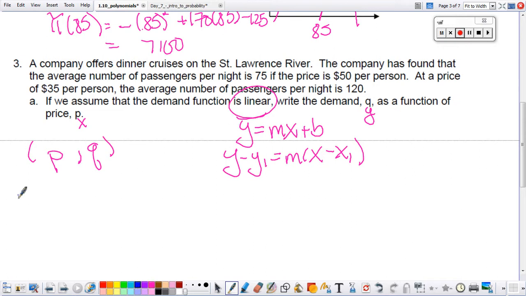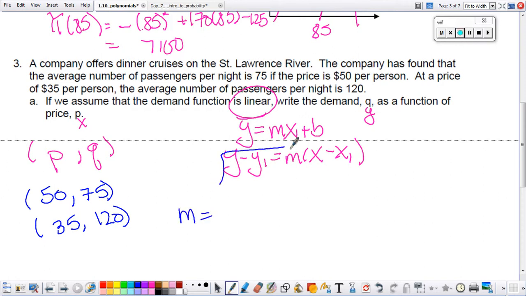So, getting our 2 points so that we can calculate our slope. The price is $50 if there's 75 people, or the price is $35 and 120 people. Now we need our slope, and I'm definitely going to use this for my final answer because I have 2 points.